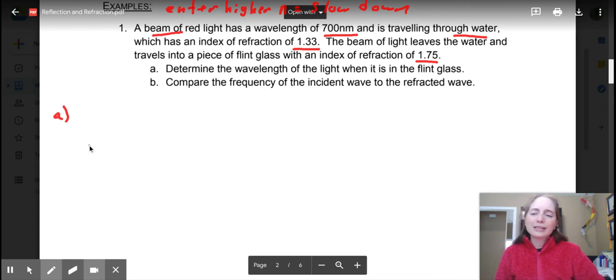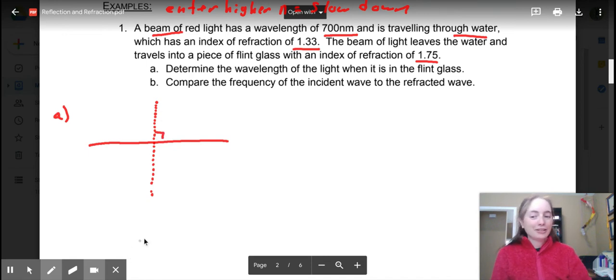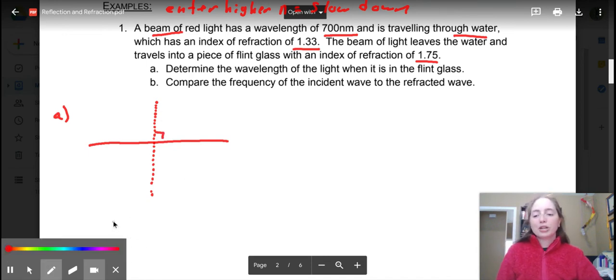Now, as always, ladies and gentlemen, drawing stuff out is going to make your life infinitely easier. So there's our surface, that's where the object is going to be changing. Here's one medium, here's the other medium, and here our dotted line is the normal. I'm going to switch colors now so we can look at our beam of light.